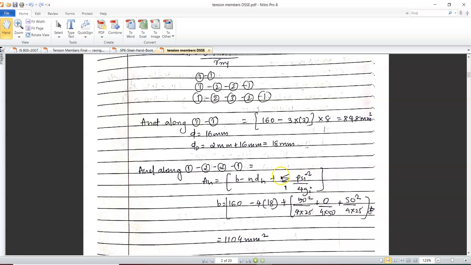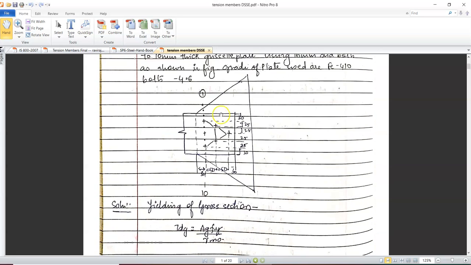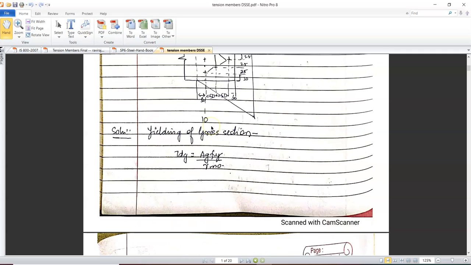Now splitting this up, as it says summation, we'll consider two bolts at a time. It is the pitch distance between two bolts, squared, divided by 4 times the gauge distance. Coming to the figure again, we'll consider these two bolts. The pitch distance between these two bolts is 50 and the gauge distance between these two bolts is 25. That is 50 square divided by 4 times 25.